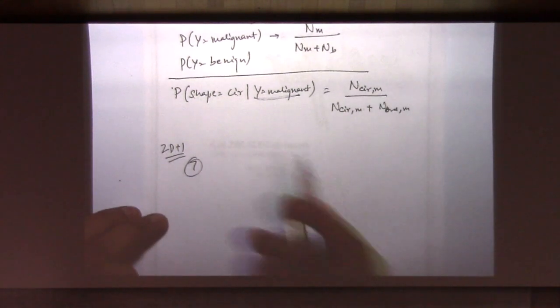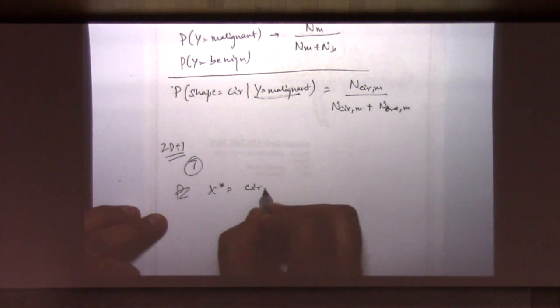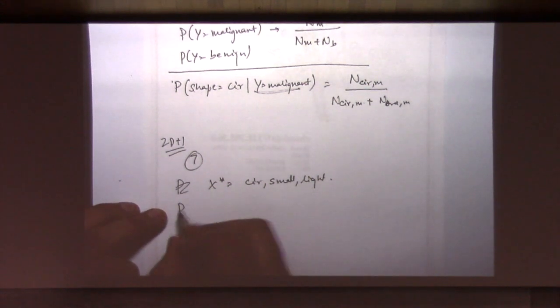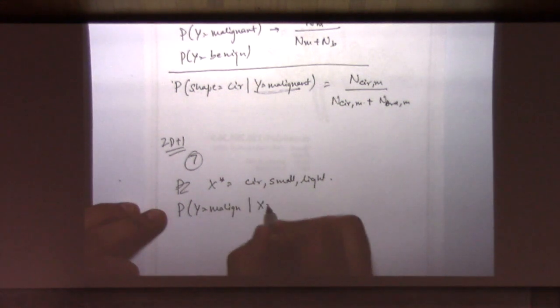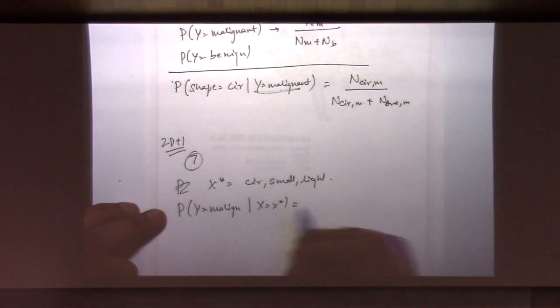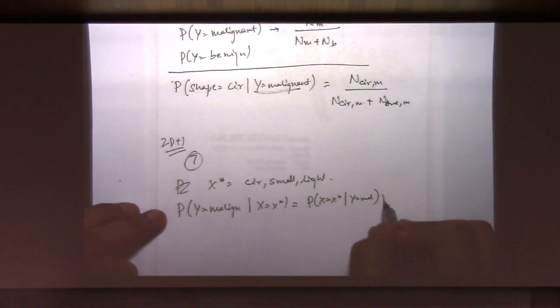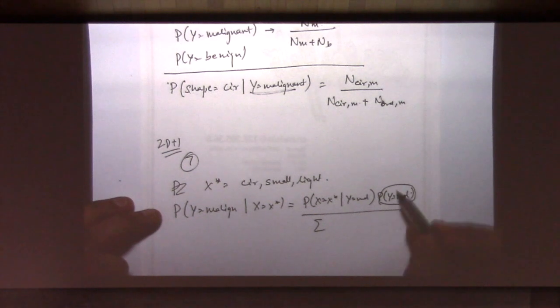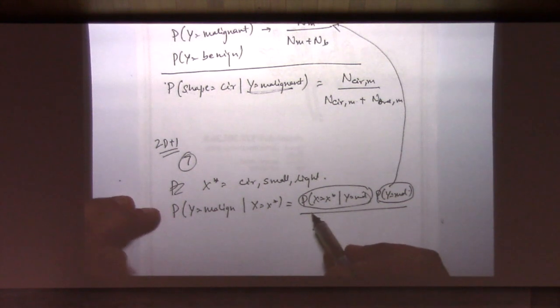After that, let's say your test example is circular, small, light. Now you want to find the probability of Y to be malignant given X is X star. This can be written as probability of X equal to X star given Y equal to malignant times probability of Y equal to malignant, divided by that normalization constant, which we'll talk about later. And then this can be broken up because of the naive Bayes assumption.